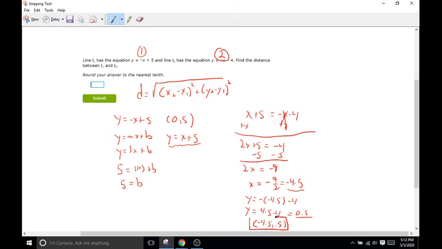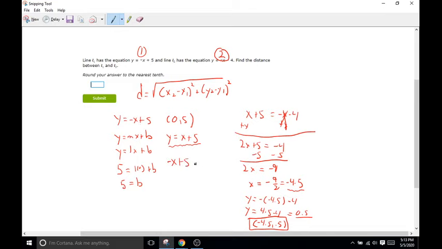Okay, we're going to hold on to this. Now we're going to go back and we're going to do the same process for our first equation. We kind of skipped over it after we found our equation of the perpendicular line. So now we're going to set this equal to our original equation. So we're going to go -x plus 5, right?